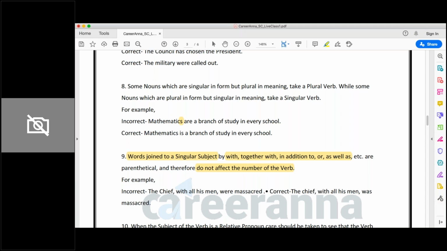They do not affect the number of the verb.